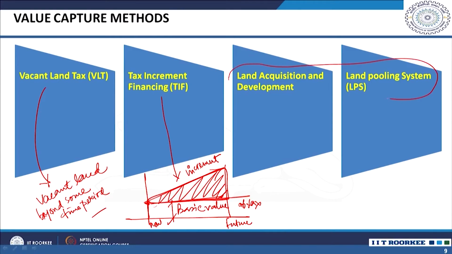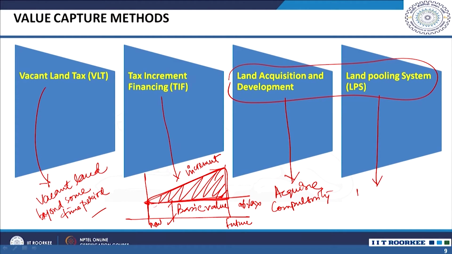Then we have land based tools, how we assemble the land. We discussed thoroughly the land pooling scheme and land acquisition both. In land acquisition we acquire land compulsorily, and in the land pooling scheme we pool land, we develop, and then it is shared.